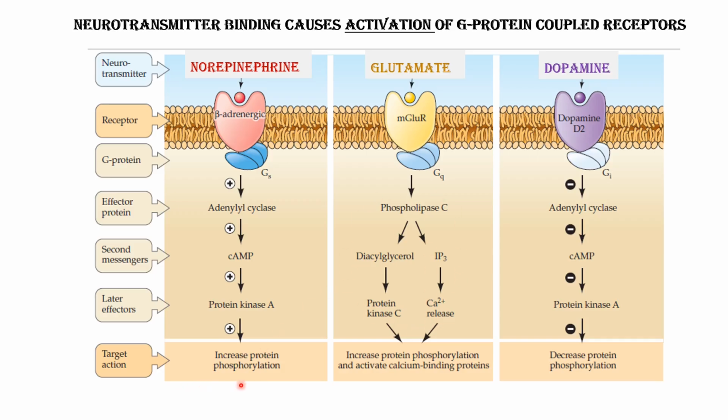Therefore, these have very different consequences depending upon their different targets of action. Although all these neurotransmitters bind to G protein coupled receptors, they can have very different influences on the postsynaptic neuron.